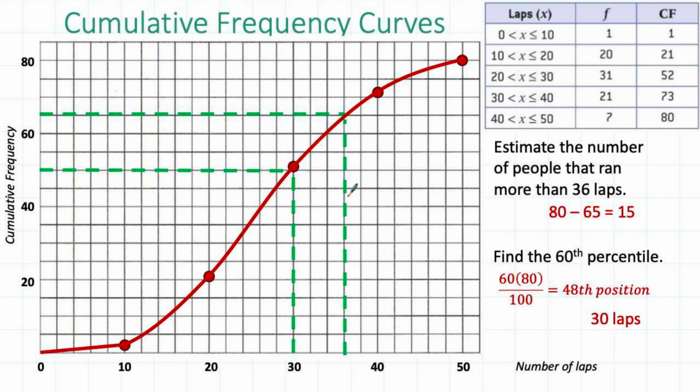Sometimes marking schemes will allow for a boundary. So if you have the accurate answer, just go a bit more accurate. It should be a bit less than 30. So 30 represents the 60th percentile. It means 60% ran 30 laps or less. Remember, it's always or less for cumulative frequency curves.